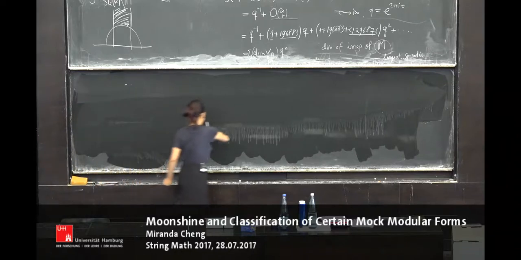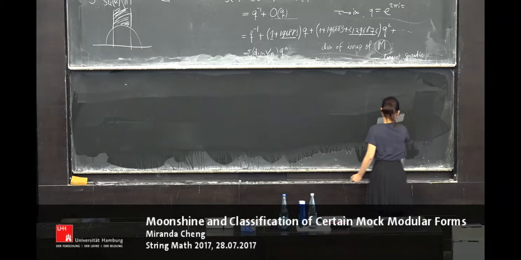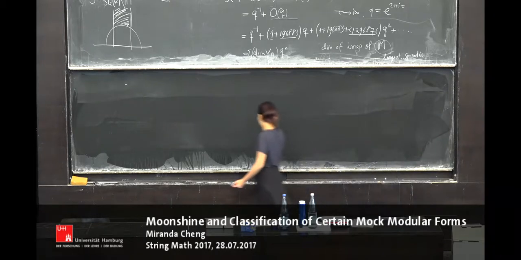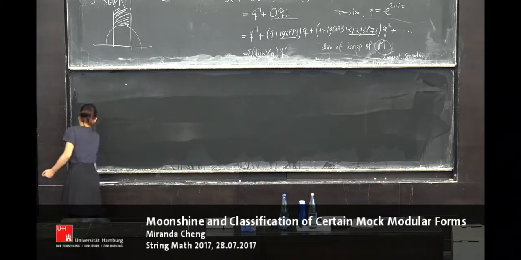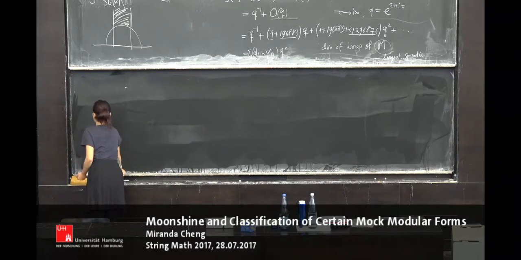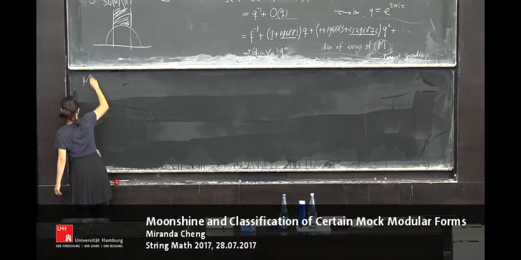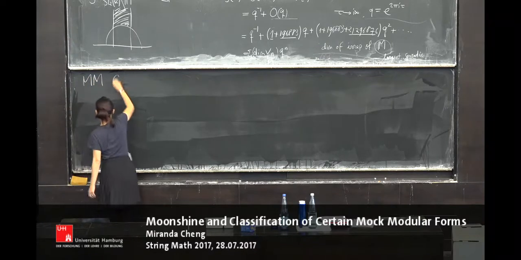So now I'm going to write down this conjecture, or by now theorem. And it is again given in terms of genus 0 subgroups acting on the upper half plane. So, the monstrous Moonshine conjecture.